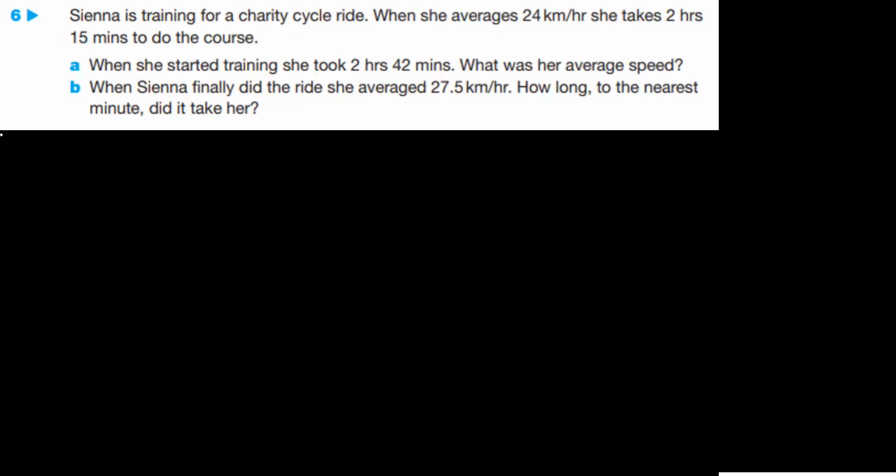So first we know that there is an inverse proportion between her average speed and the time taken. As her speed is increasing, her time will decrease. So we know that speed is inversely proportional to time, and we can rewrite it as speed equals K upon time taken.